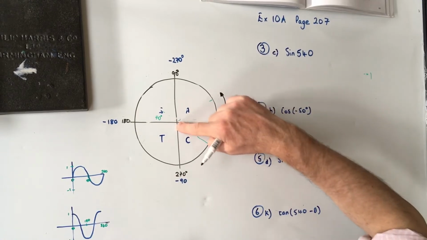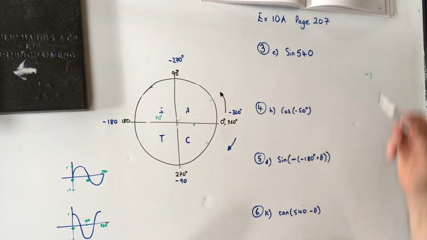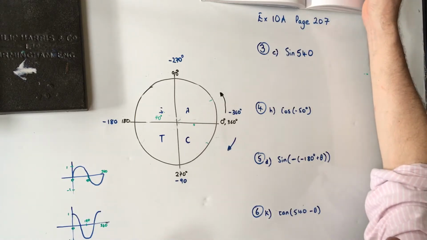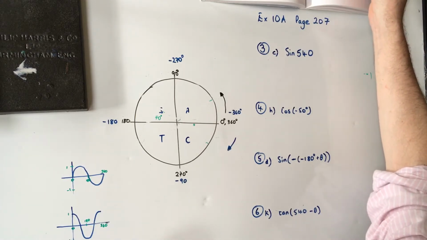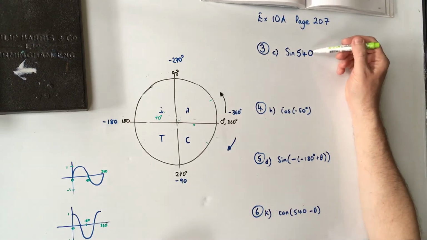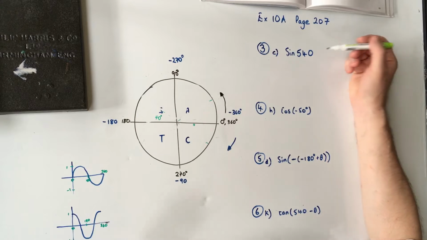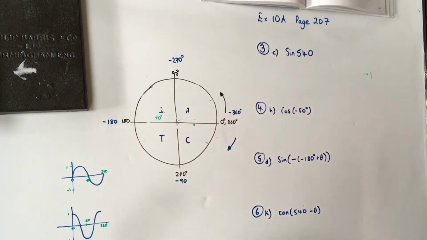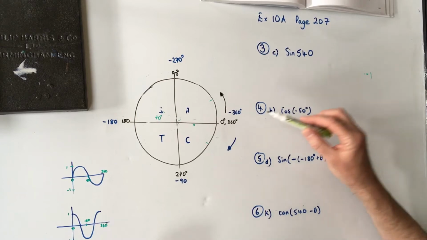Looking at question 3, it says, write without using a calculator the value of the sine of 540 degrees. Without using a calculator, so this must be one of the limits, because you don't need a calculator to work it out, I'm assuming.